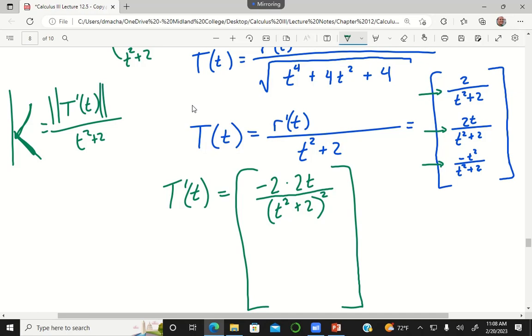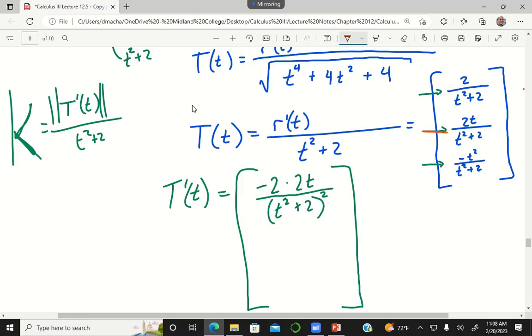So correct me if I'm making mistakes, but in my head I'm thinking f prime g, which would be 0, minus f g prime, which would be minus 2 times the derivative of my denominator, all divided by my denominator squared.